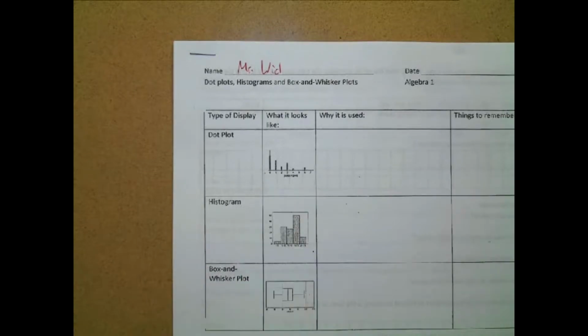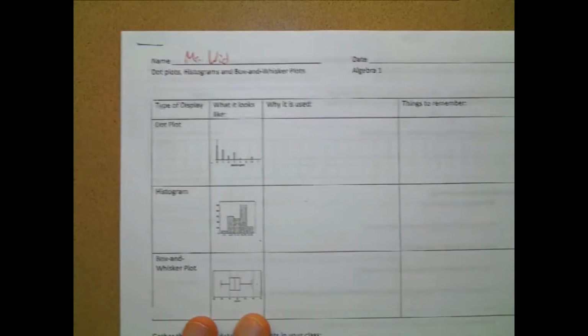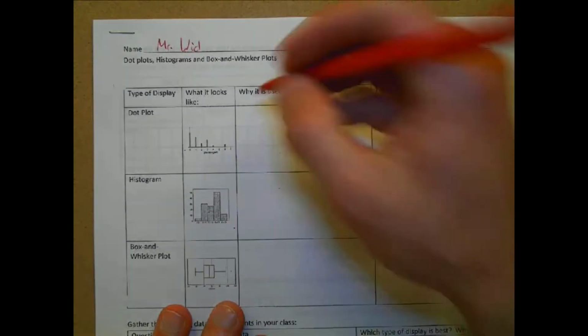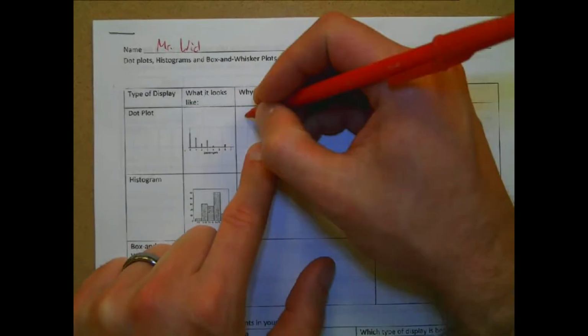All right, so a dot plot. You can see a microscopic dot plot right there, where you have passengers and a bunch of dots for the different numbers of passengers. A dot plot is used to, so why is it used?